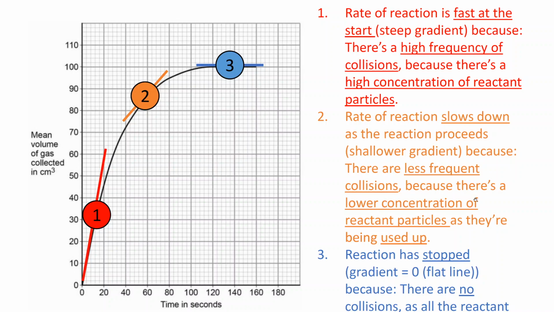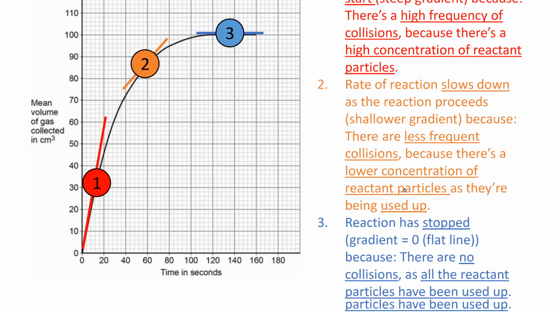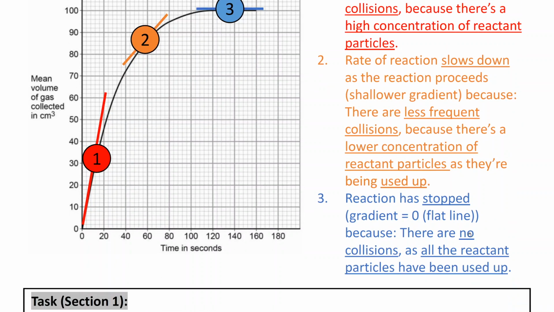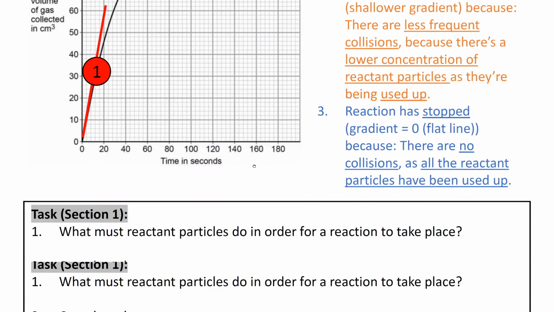So this lower concentration of reactant particles as they've been used up results in less frequent collisions, which results in a slower rate of reaction. Finally, at the end of our reaction, where it's stopped, we could argue that all of our reactant particles have been used up, so there are no collisions, and this is why our rate of reaction has stopped.